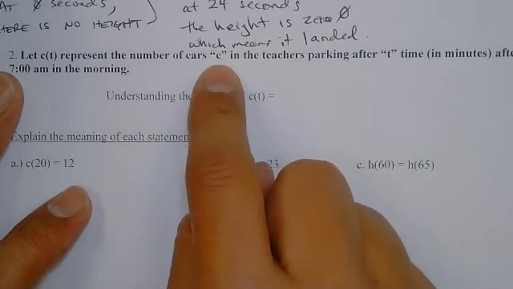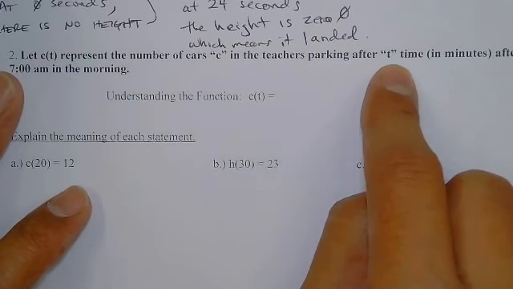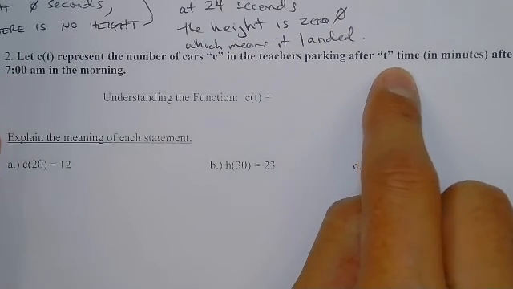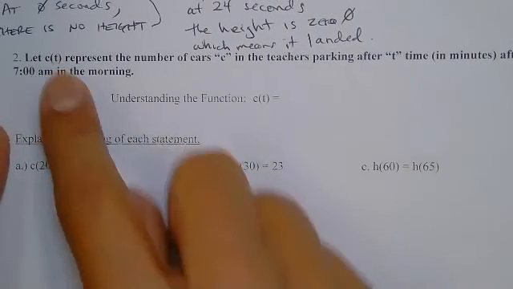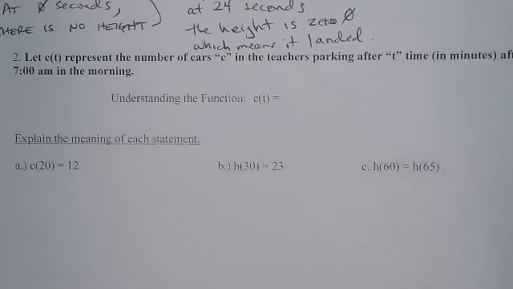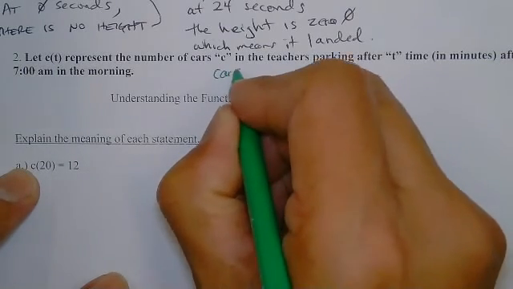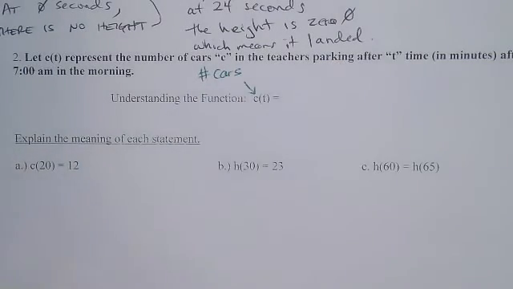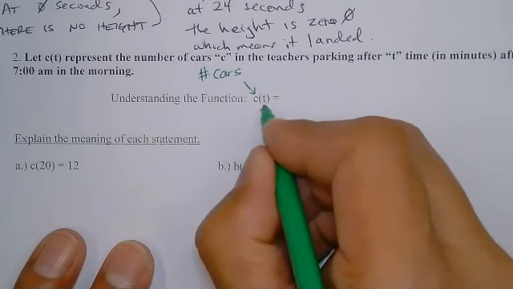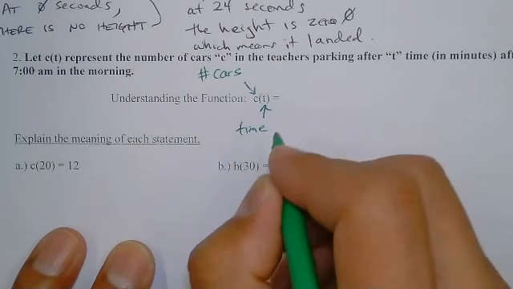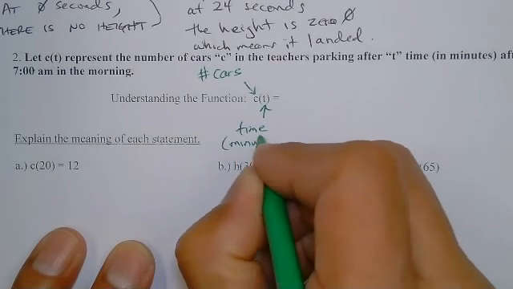Okay, here it is. This one says, let C of T represent the number of cars. Oh, that's the C, right? C is for the number of cars in a teacher's parking lot after T time. But the time is in what now? In minutes. Okay, I get it. The C is the number of cars.